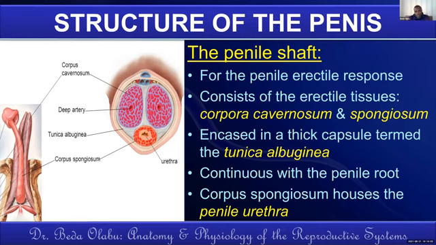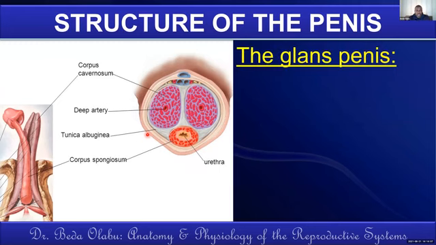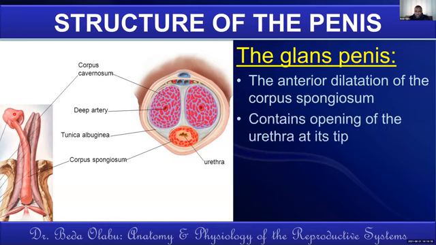That's the penile shaft. Then we talk of the penile glans, or the glans penis. The glans penis is that anterior swelling of the corpus spongiosum. At the tip of it is the opening of the urethra. That means that urine passes through there.